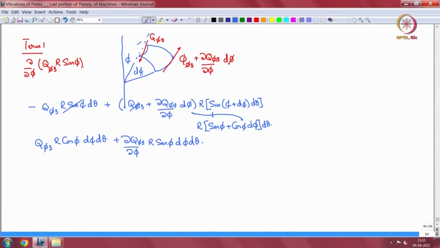The last product, of this term and the differential, I am ignoring because it has 3 small terms. So this can be written as del by del phi of q phi 3 r sine phi, into d phi d theta, which is what we have.